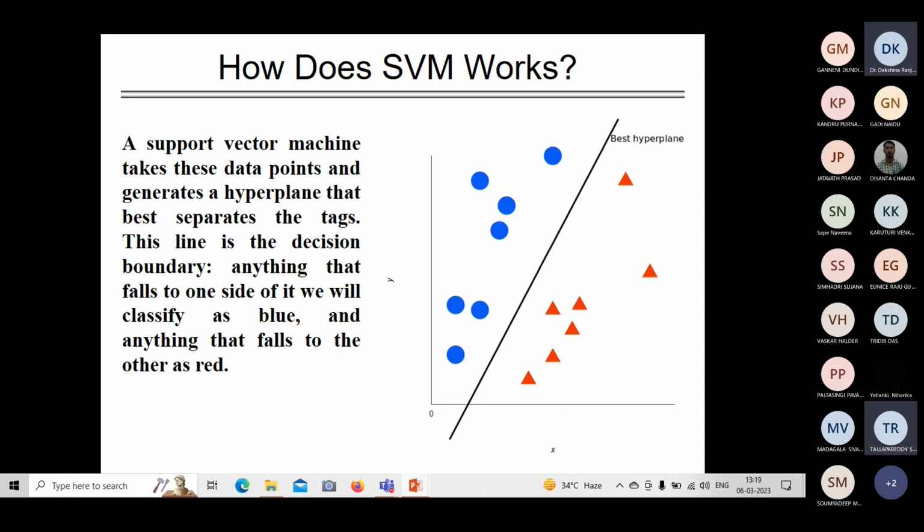Now this line is the decision boundary. So here you can see that the data is linearly separable. This line is the decision boundary, and anything that falls to one side of it will be classified as blue, and anything that falls to the other side is classified as red.